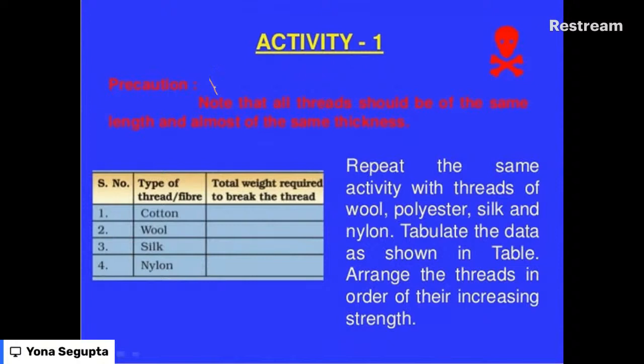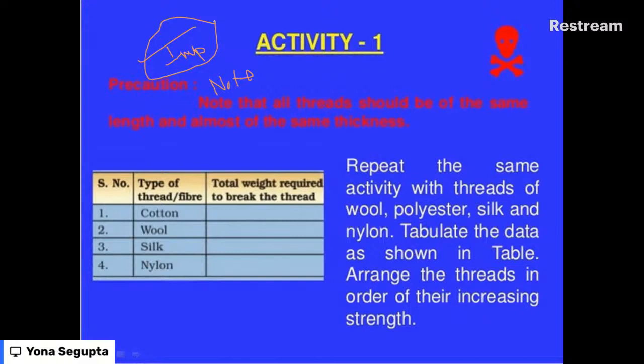Note that all the threads should be of the same length and almost the same thickness, so that it's easier.